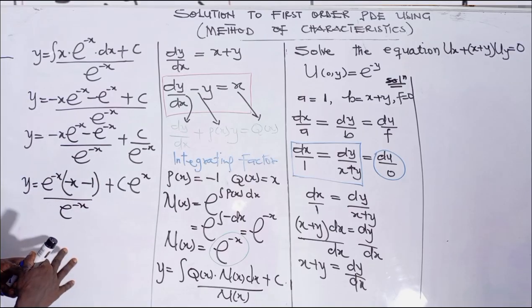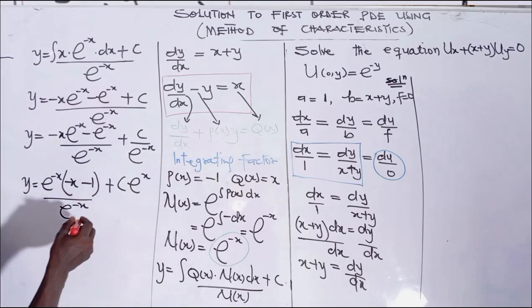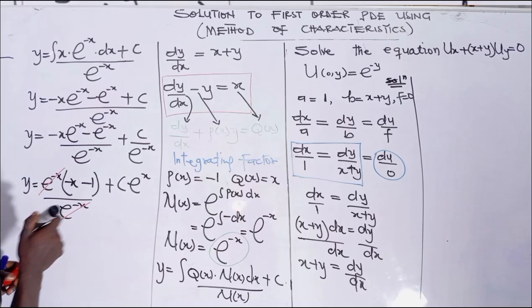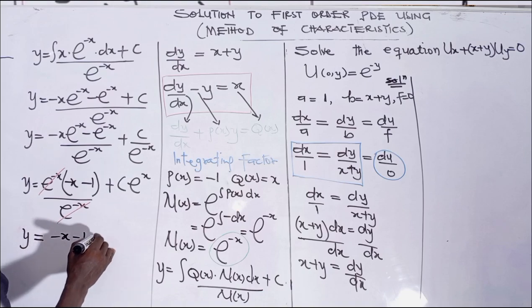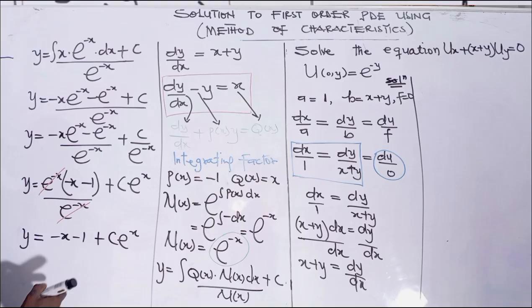From here we can see that this will cancel this. So we are left with y is equal to minus x minus 1 plus c e to the power of x.